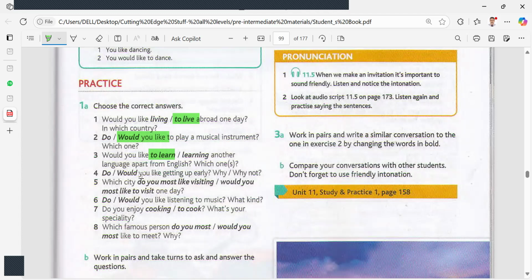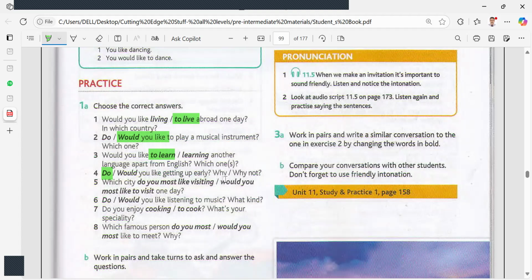Do you like getting up early? Yes. Do you like getting up early? Good. Which city would you most like to visit one day? This is expressing your wish. Okay, next. Would you like?